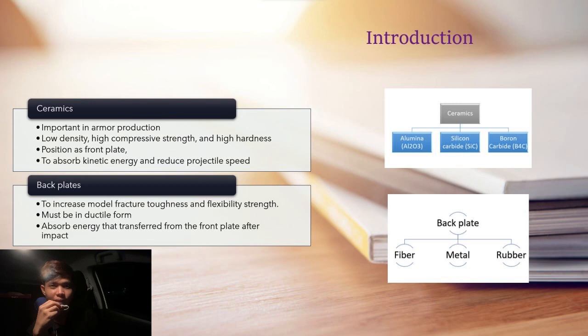The requirement of the backplate is that it must be ductile. The backplate's function is to absorb the remaining energy transferred by the front plate, and it must not fail in stopping the projectile before the backplate is penetrated. The figure below shows the types of backplates mostly used in analyses.